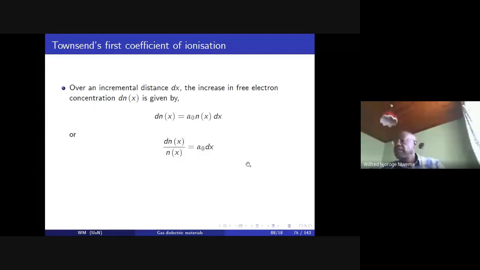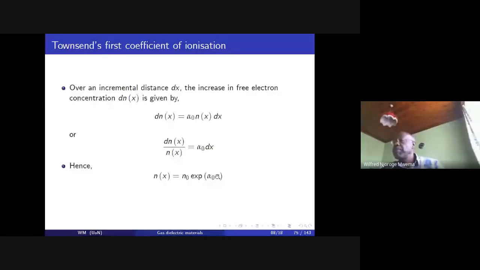And therefore, if alpha naught is a constant, then integrating this gives us that the actual free electron concentration at a position x from the cathode is going to be given by the density of electrons leaving the cathode plate, n naught, multiplied by an exponential factor, which is given by alpha naught, the Townsend's first coefficient of ionization, multiplied by the distance traveled.